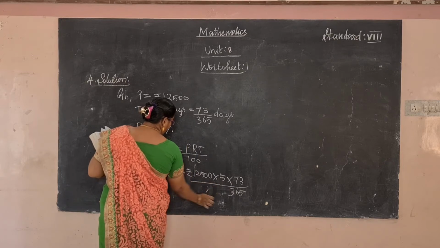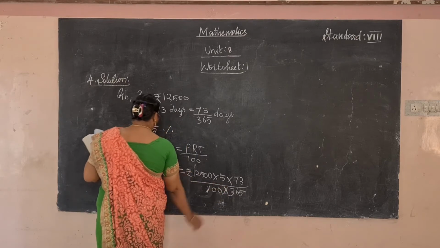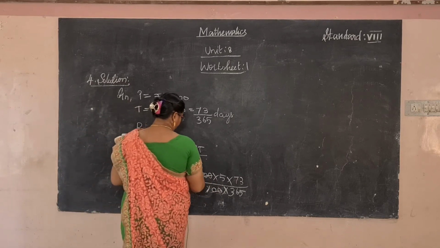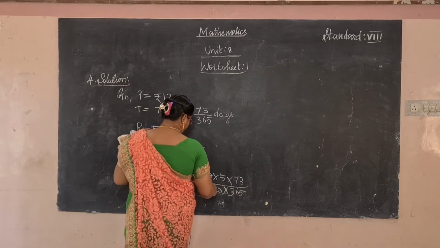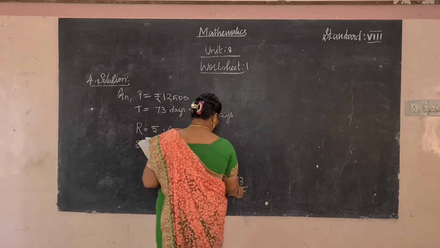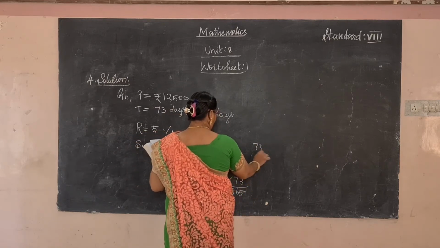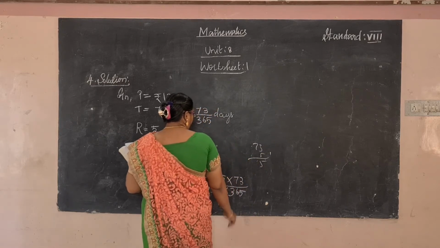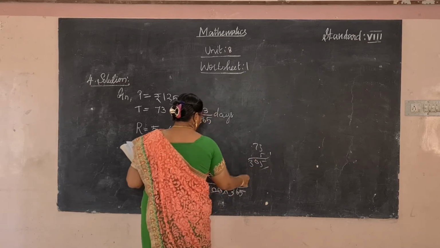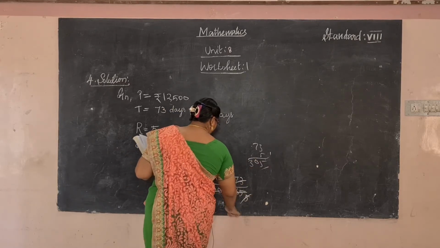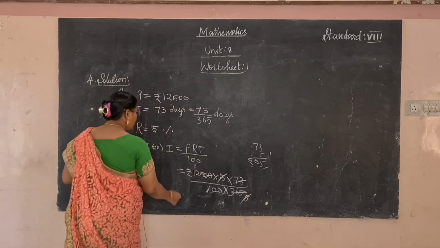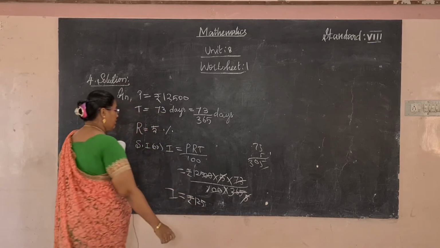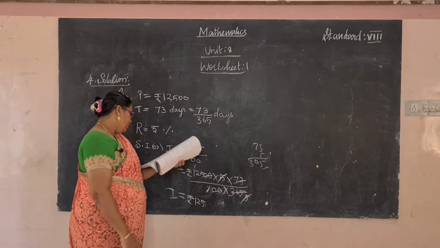Already the denominator has 100. 73 fives are, 5 threes are 15, 7 fives are 35 plus 1 is 36. So 5 will be cancelled. So what is remaining? The interest is rupees 125.